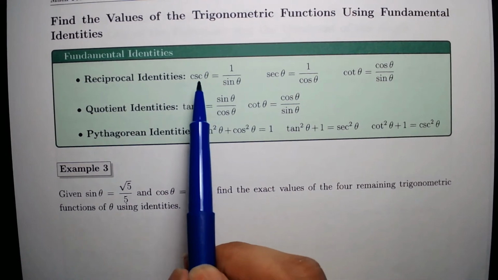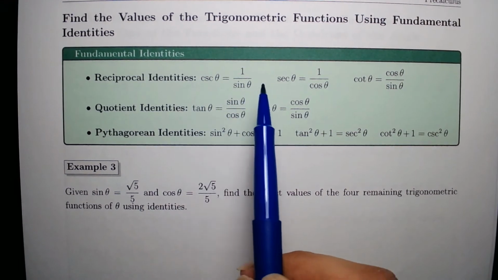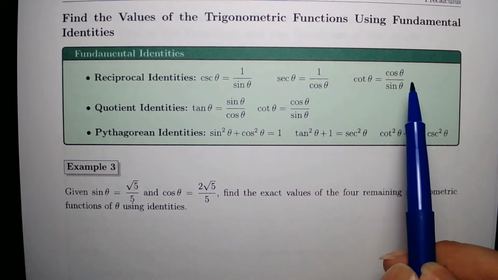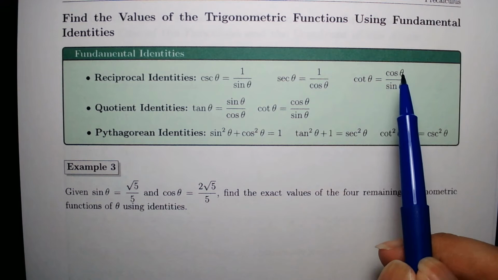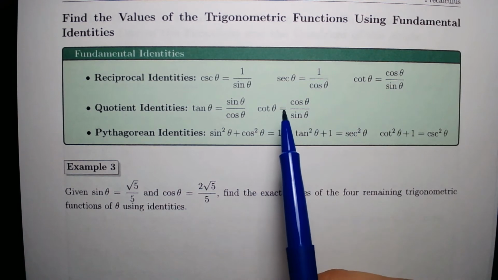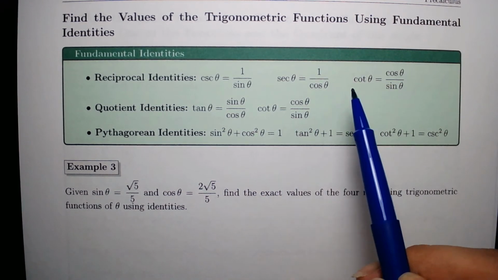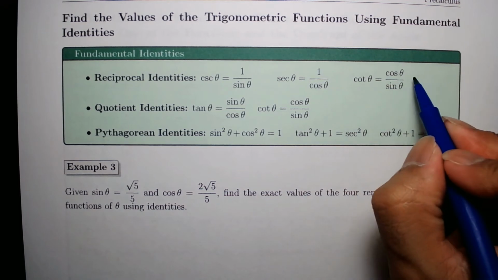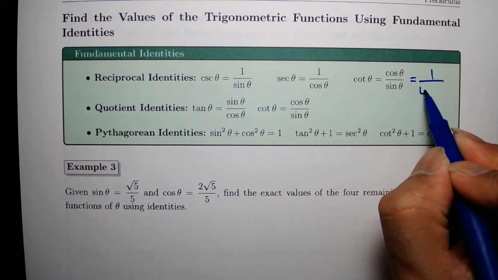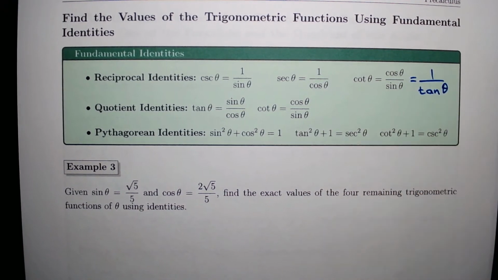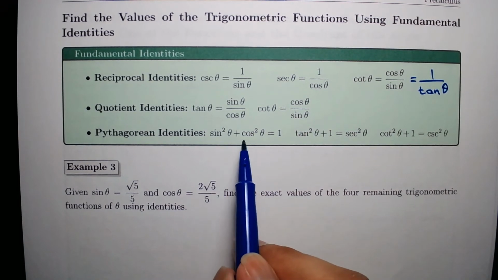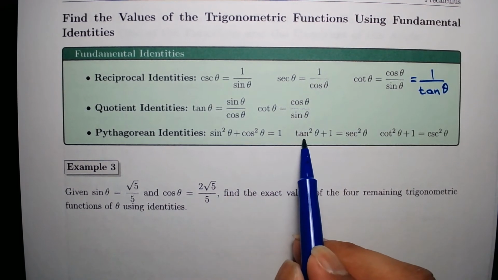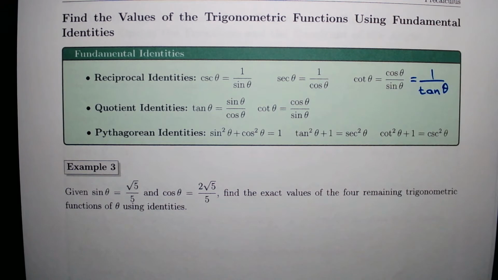Keep in mind that cosecant is the reciprocal of sine, secant is the reciprocal of cosine, and cotangent is the reciprocal of tangent, or 1 over tangent. Then sine squared plus cosine squared equals 1, and the remaining two.